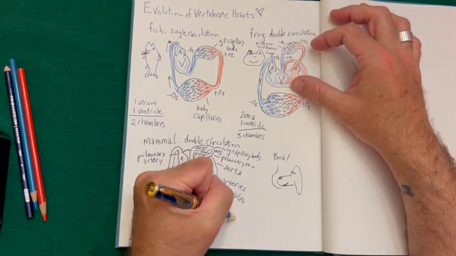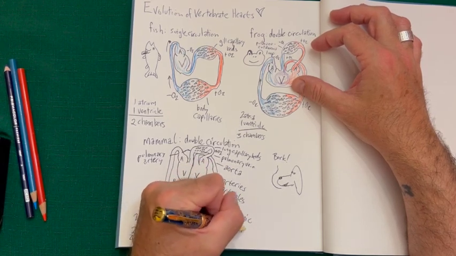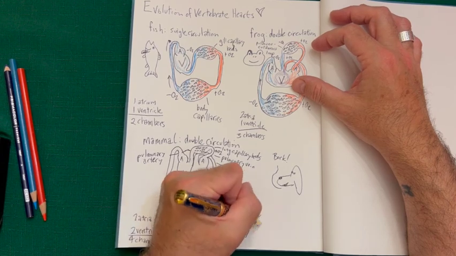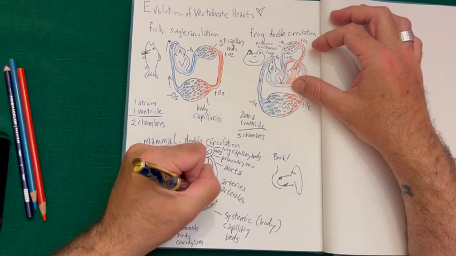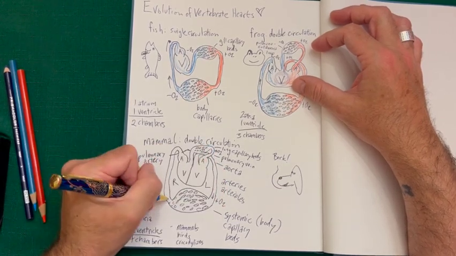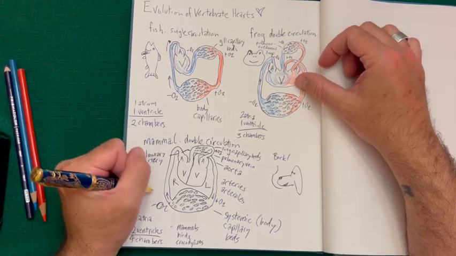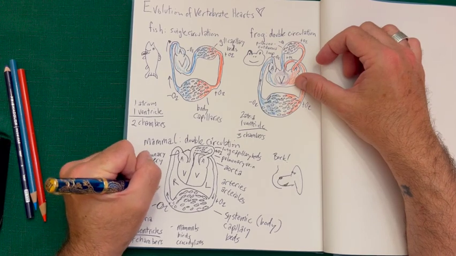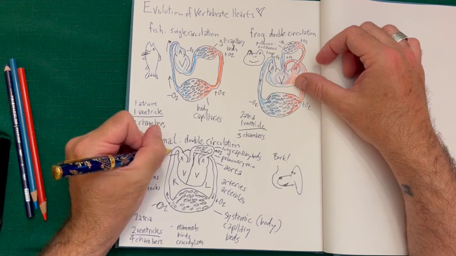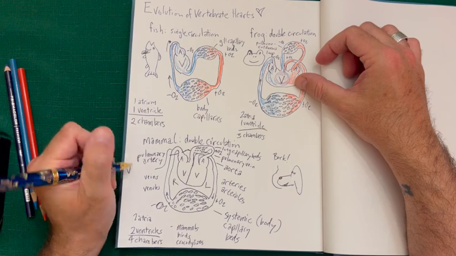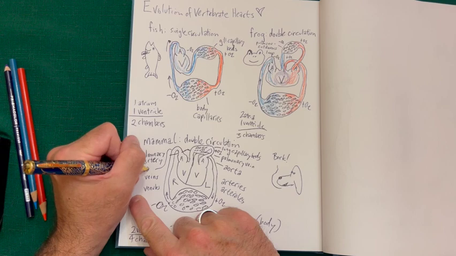Into the systemic or the body capillary beds, where the blood is going to drop off its payload of oxygen. And it's going to flow back through venules into veins. And eventually it's going to drain back into the right atrium through the vena cava.